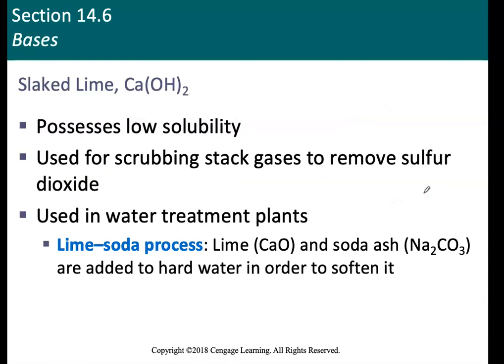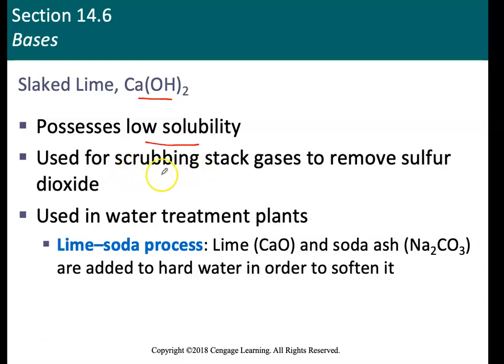Now, calcium hydroxide, one important property of this compound is that it has low solubility. It has some uses. You will see that it is used for removing stack gases, to remove sulfur dioxide from towers or chimneys.